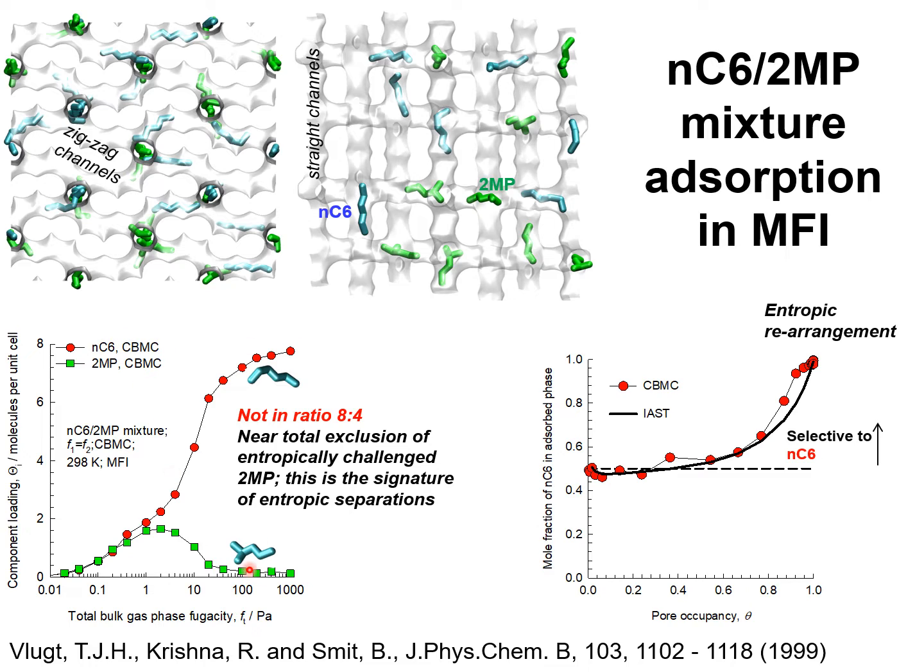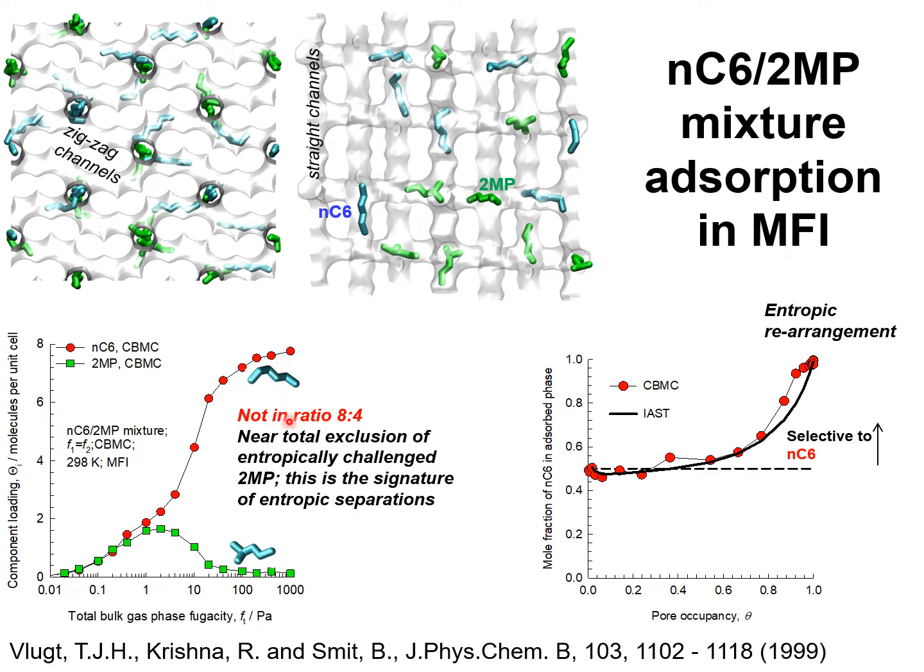It is important to note that the ratio of the component loadings of nC6 and 2MP is not 8 to 4, i.e. the ratio of the saturation capacities of the isomers, but as the total pressure is increased, the component loading of 2-methylpentane is progressively decreased.